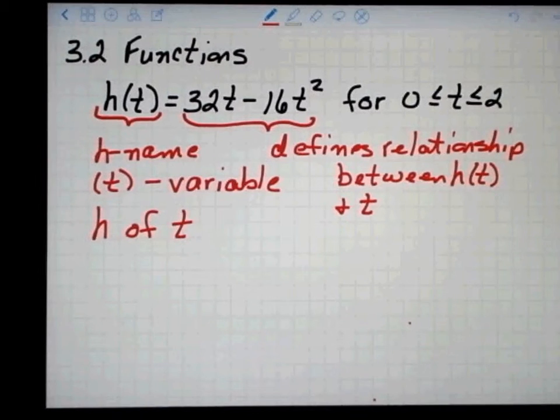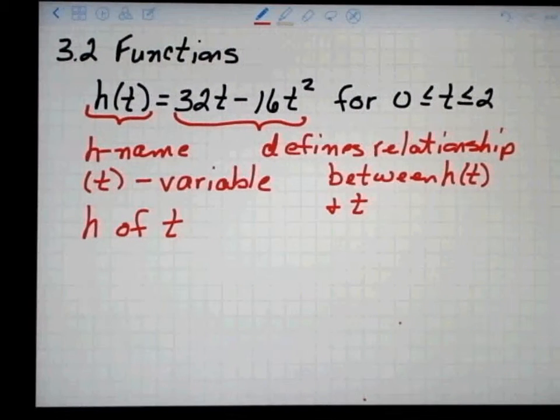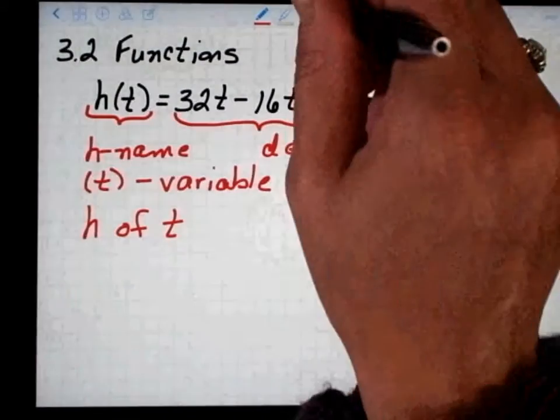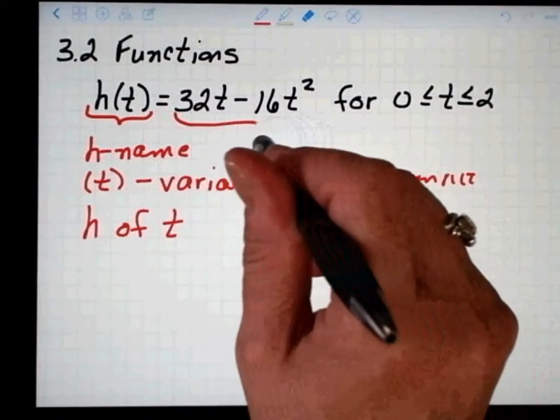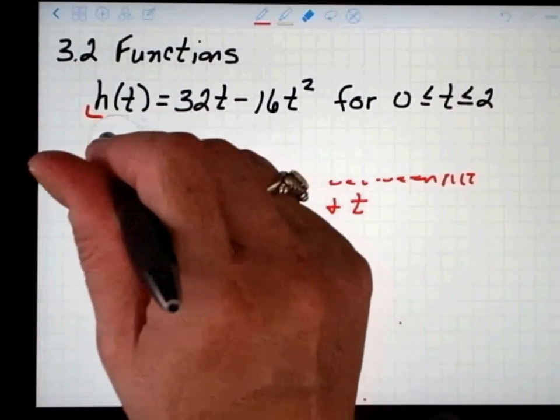Sorry, let me scoot this over a little bit, see if I can get it better. There we go. So this is kind of the same thing as saying y equals.